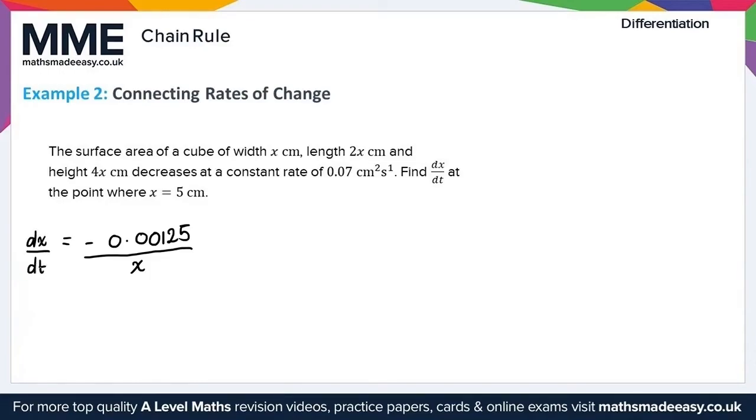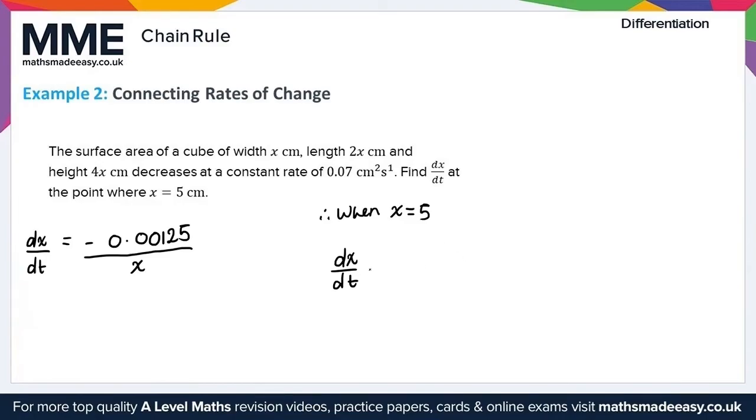But remember, we want to find dx by dt at the point where x equals 5 centimeters. So when x equals 5, dx by dt is equal to this value here. All I need to do now is replace x with 5.